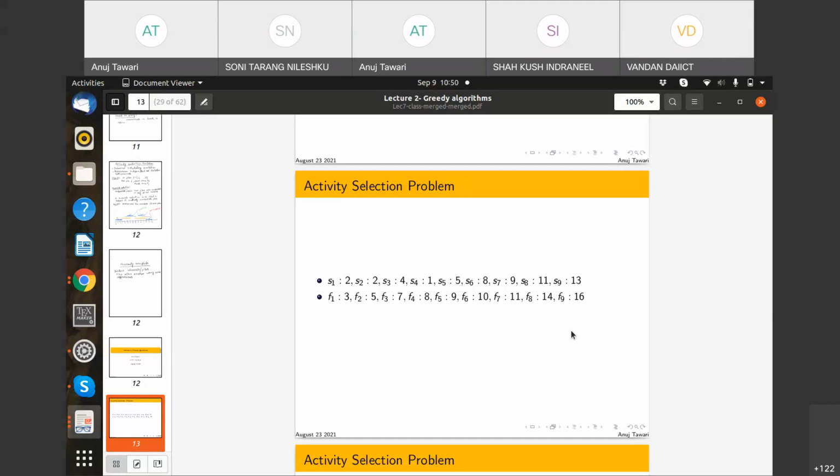Are the intervals in which the jobs can be done given? Yeah, you are given these intervals: 2 to 3, 2 to 5, 4 to 7, and 1 to 8. So these intervals are fixed. You have to start this job at 1 and finish it at 8.